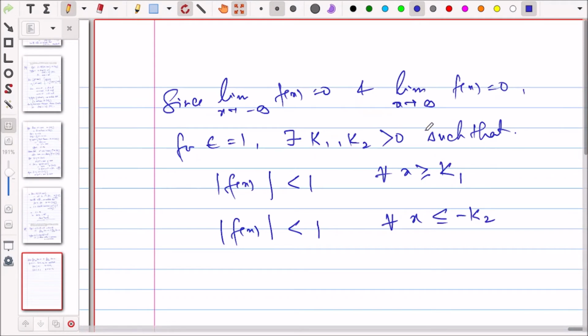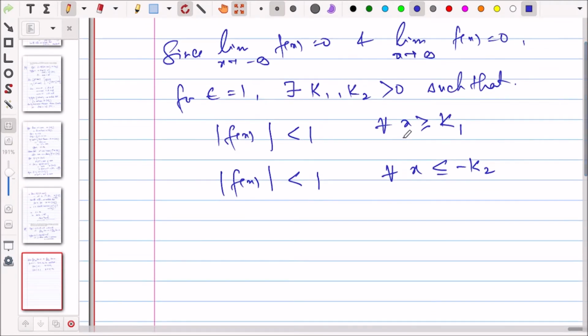This one is due to this, and this one is due to this. So we have shown that f x is bounded on the interval k1 to infinity and minus infinity to minus k2. Now we have to show that it is bounded on the interval minus k2 to k1.